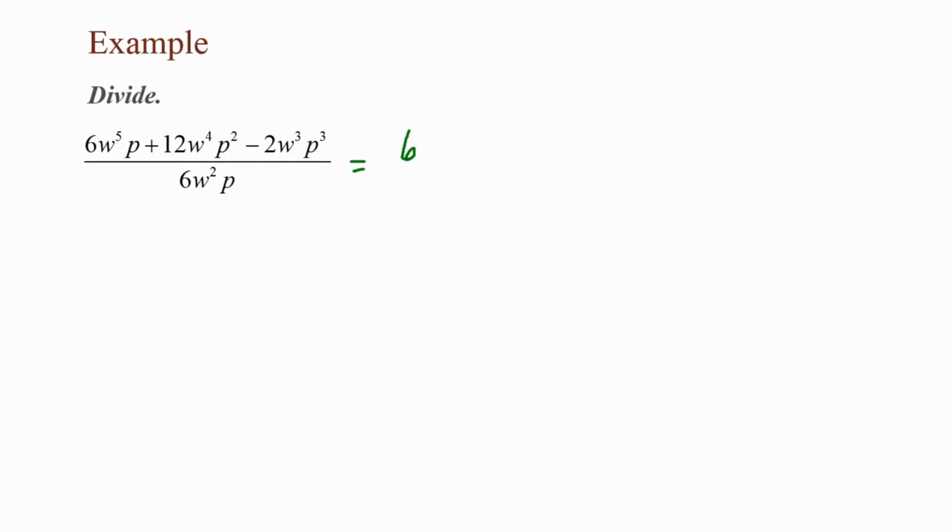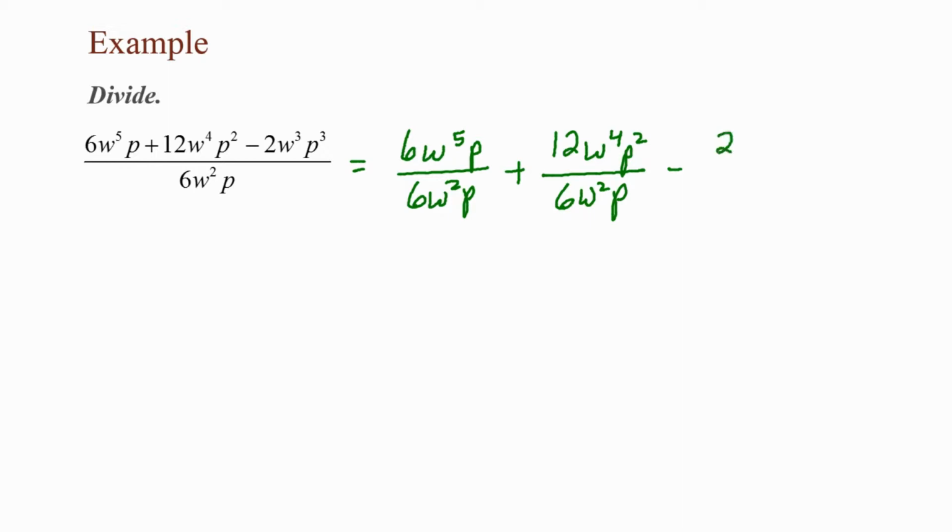My first fraction is 6w to the fifth p divided by 6w squared p, plus my second fraction is 12w to the fourth p to the second divided by 6w squared p, minus 2w to the third p to the third divided by 6w squared p for the third fraction.